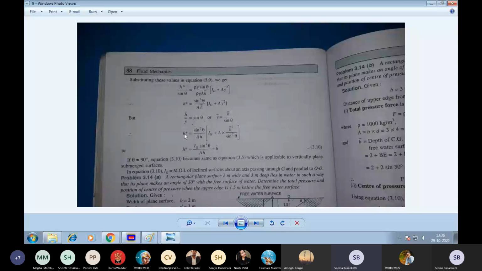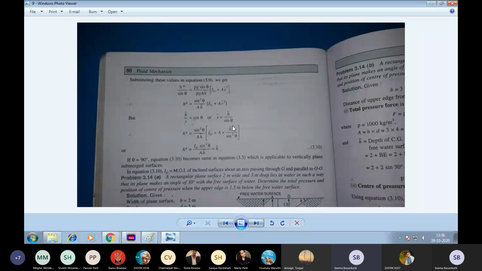So the equation will become h star is equal to sine square theta divided by a into h bar into Ig plus a into, so this term was y square bar.